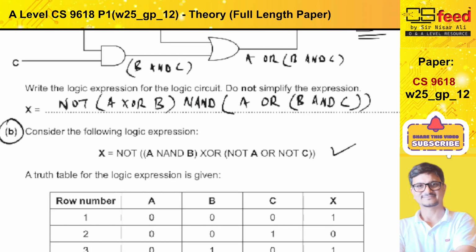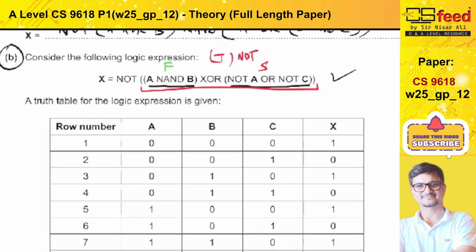You first calculate A and B, which can be termed F, then calculate not A or not C, which can be termed S, and then this whole can be evaluated to T, and then this T is going to be reversed.